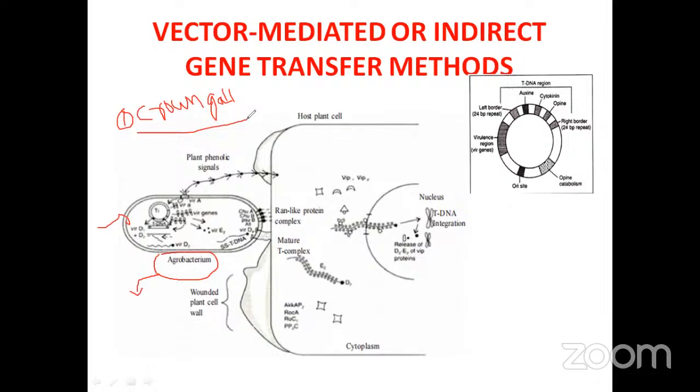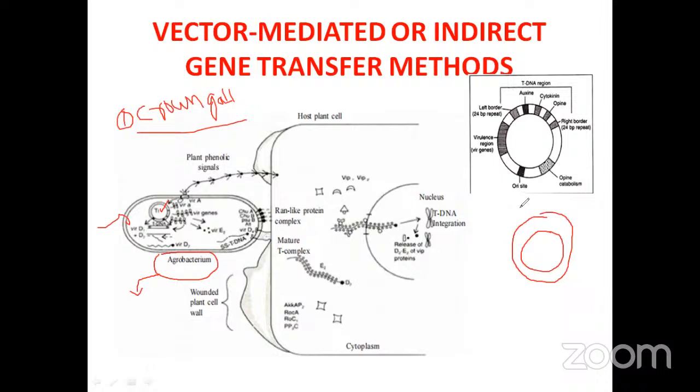Before that, we should know about the Ti plasmid of the bacterium. It is an independently replicating circular DNA. You can see here the circular DNA.